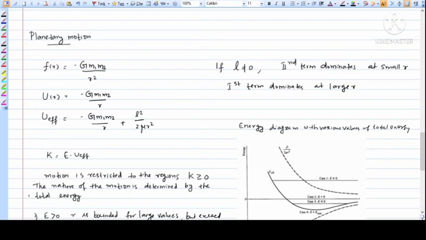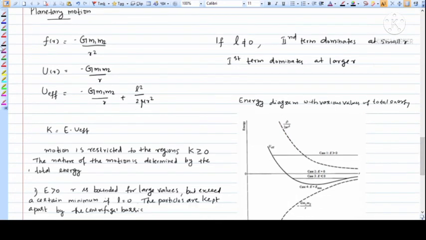We know that the force of interaction of two bodies is minus G m1 m2 by r square. This is the gravitational force between two particles of mass m1 and m2, where r is the distance between them, and this is the attractive potential of the system, which is equal to minus G m1 m2 by r.